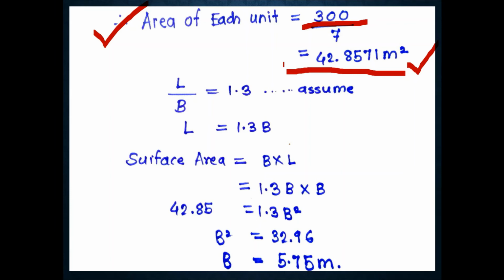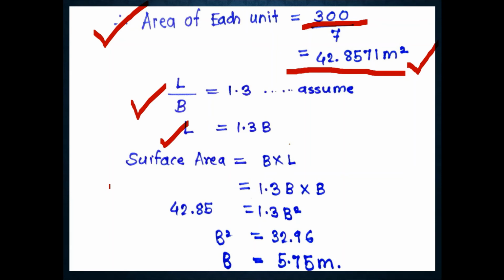One assumption we have to use is that length is 1.2, 1.3, up to 1.5 or 2 times the width. We will assume that length divided by width is 1.3, meaning length is 1.3 times the width. Always remember, length is greater than the width.